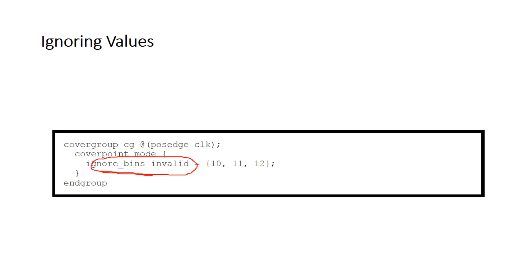Next is ignoring the values. Ignore bins exclude certain values from coverage, which can be useful for values that are not relevant or should not occur. For such scenarios, we can use ignoring values. So here ignore bins are mentioned for 10, 11 as well as 12.